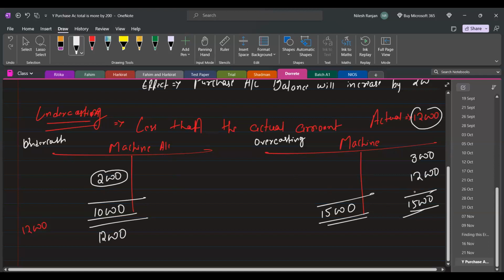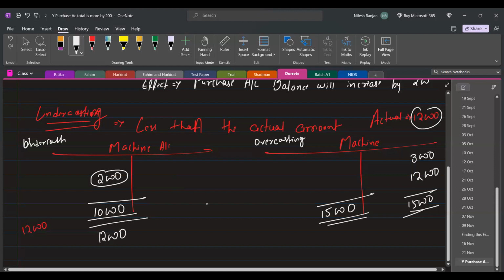So in both cases we are getting 12,000, but we have to do different things. In undercasting, you write the amount on the same side of the error, and in overcasting, you write the amount on the opposite side. Is this clear?